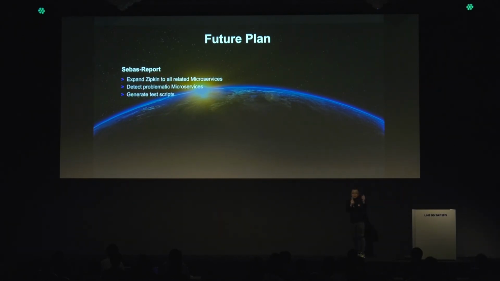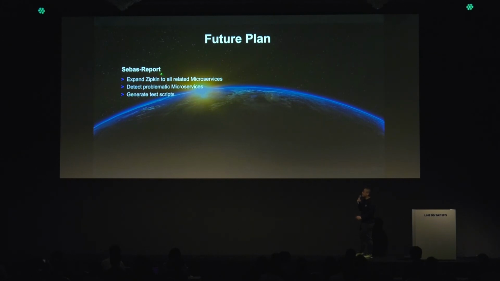For SEBAS report, this is about expanding Zipkin to other related microservices. But not only that, if we track the logs and problems, then we can detect the trends of microservices that are prone to problems.